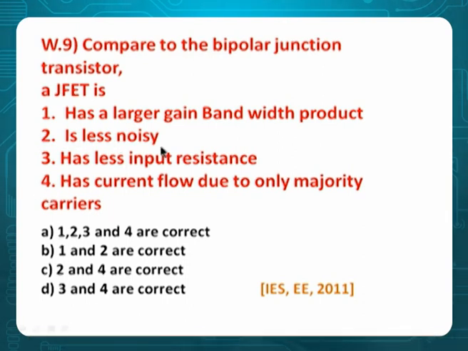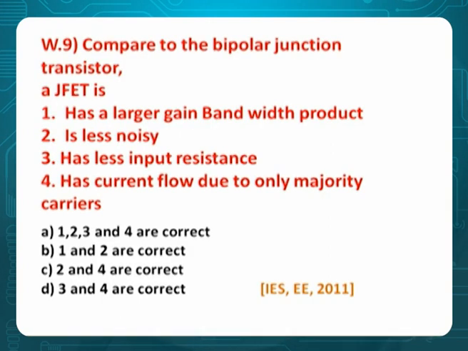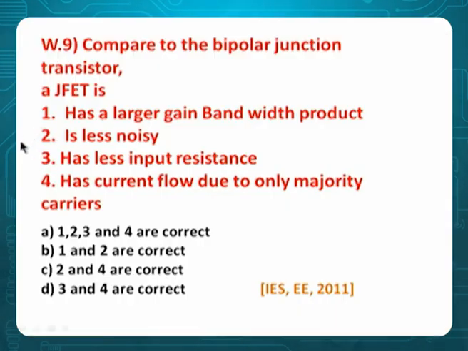Because less noisy and then current flow is due to majority carriers. Therefore option is C there. Why? Because if you see these characteristics, FET doesn't have large gain and FET has high input impedance. So 1 and 3 are wrong, only 2 and 4 are right. Therefore C is the option for it.